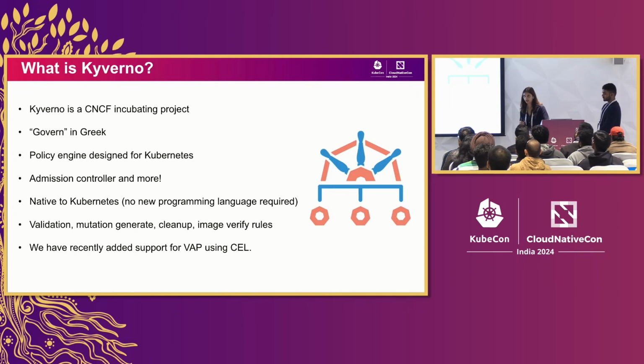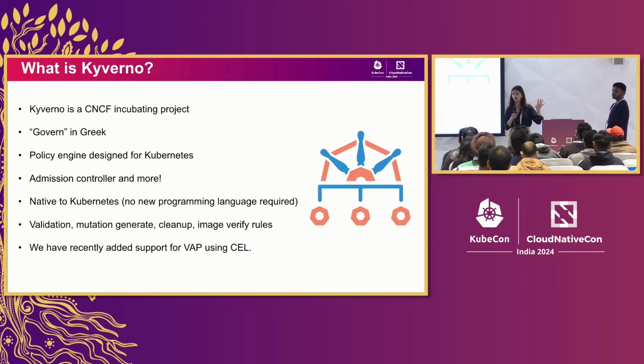And now what is Kyverno, right? Like I said, Kyverno is a Kubernetes native policy engine. It is a CNCF incubating project which offers you multiple capabilities. It lets you handle validation, dynamic validation, so it makes sure that whatever is going inside your cluster is abiding by rules that you've set.